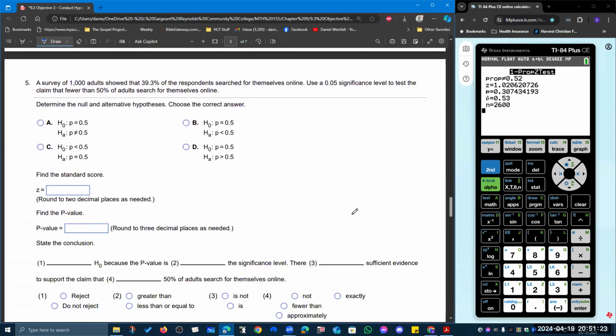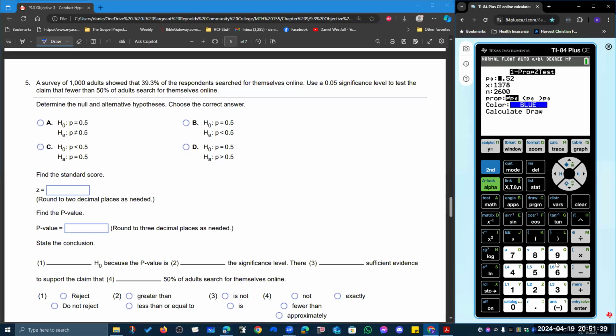A survey of 1,000 adults showed that 39.3% of the respondents searched for themselves online. Use a 5% level of significance to test the claim that fewer than 50% of adults search for themselves online.